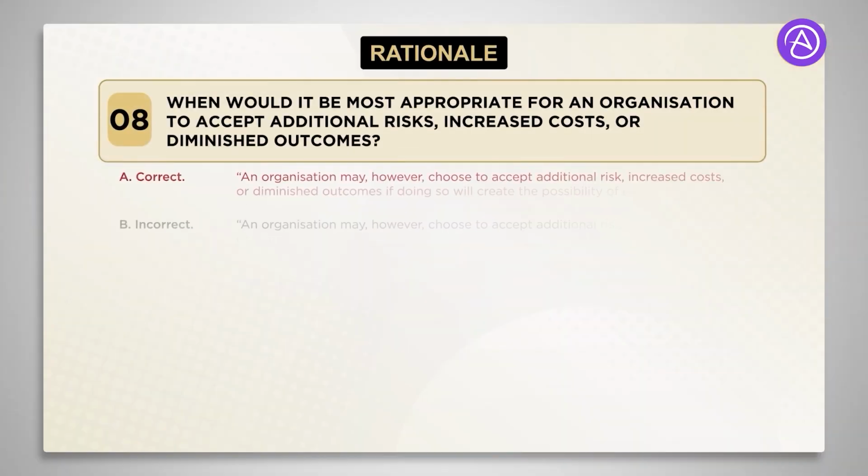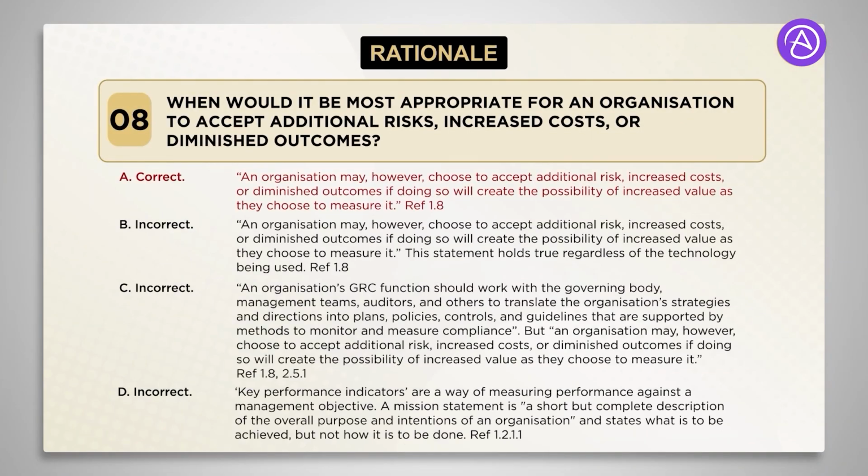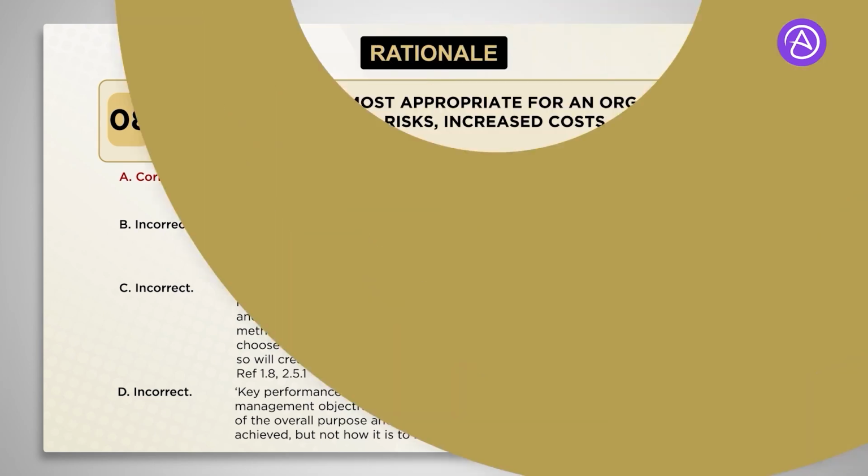Again, we covered this in Unit 2 when we looked at value, outcomes, cost and risk, and we said an organisation may choose to accept additional risk, increased costs or diminished outcomes if doing so will create the possibility of increased value. So when we understand that, then B, C and D we can quickly discount as not appropriate in the context of the question.